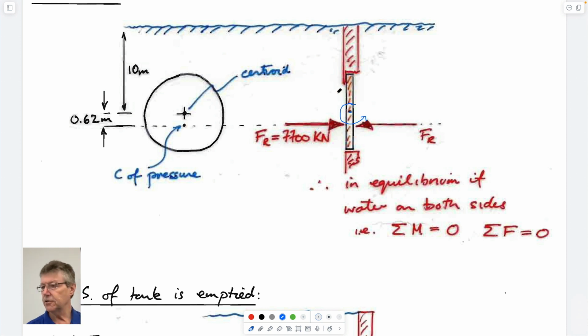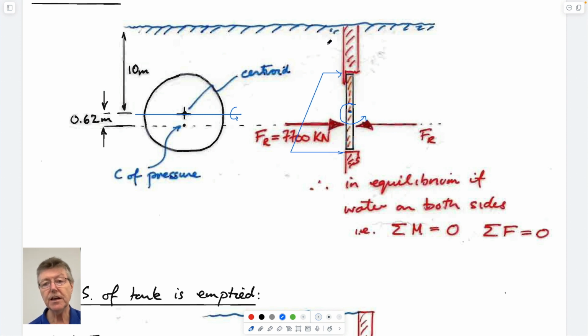It's circular. There's a hinge that goes through this midpoint here that allows it to rotate around this hinge. And we have a backstop here to stop it from rotating. If it's got water on either side, we could imagine that it would have a distribution of pressures acting on it that would look like this.